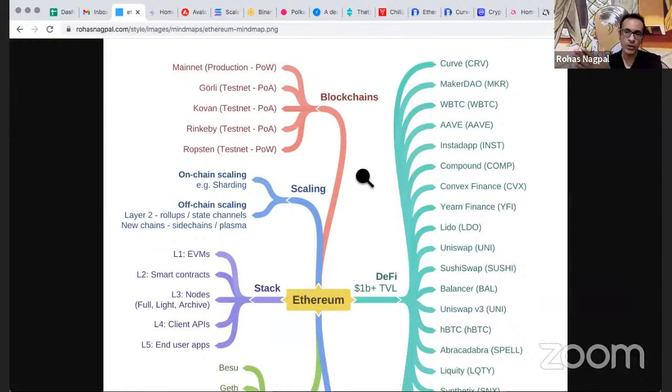Total value locked is about what the different assets running on this platform are and what the total value of those is. So they're slightly different. A wrapped Bitcoin would come under TVL, but ETH being staked would not.